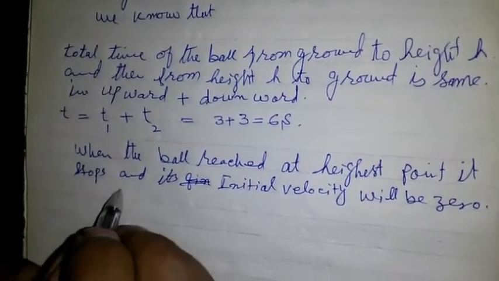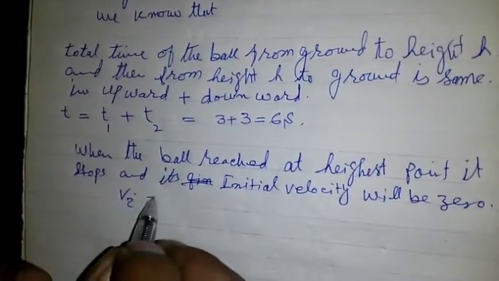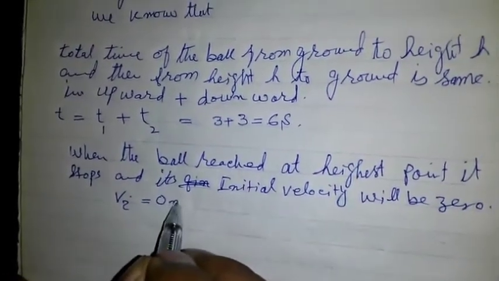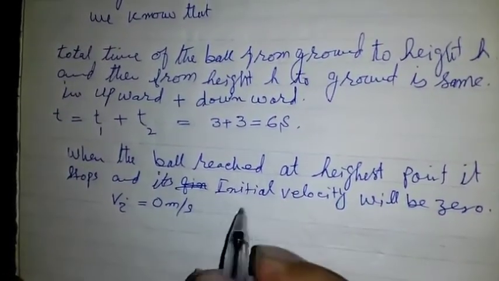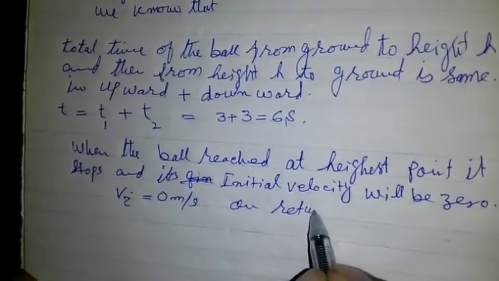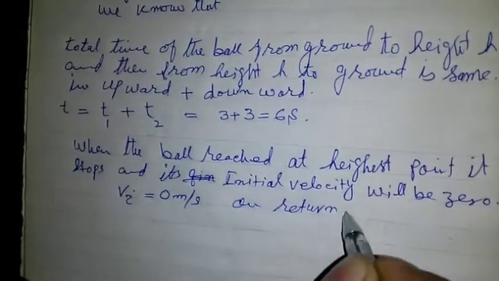So Vi is equal to 0 meter per second on return.